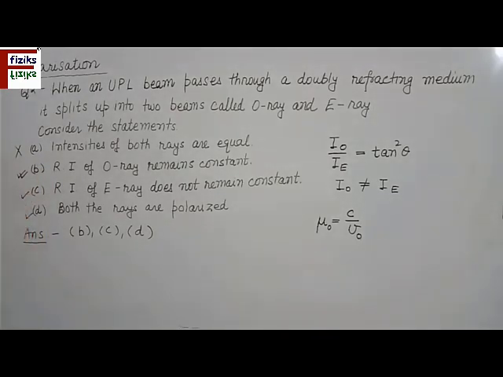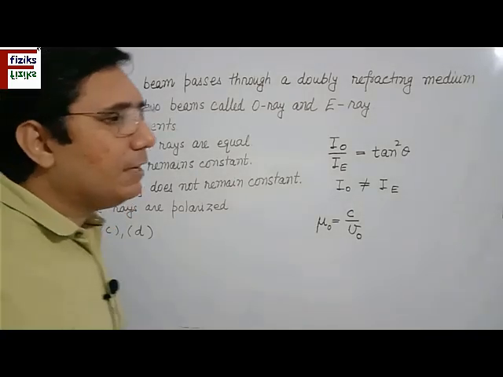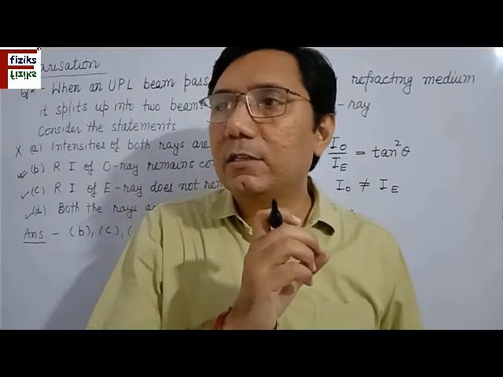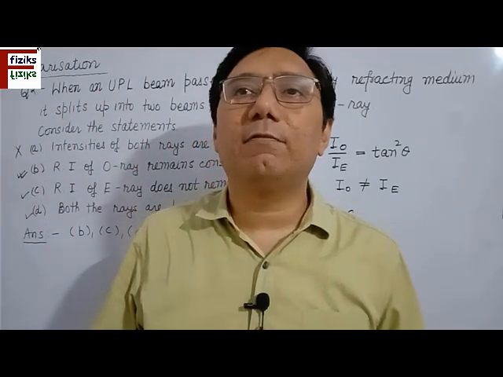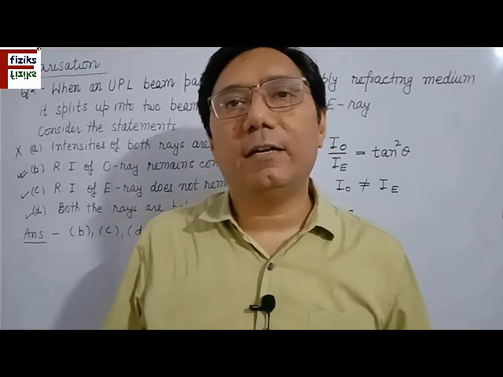In the third option, they are saying that refractive index of E ray doesn't remain constant. For E ray, we are aware that this E wave travels with different speeds in different directions.